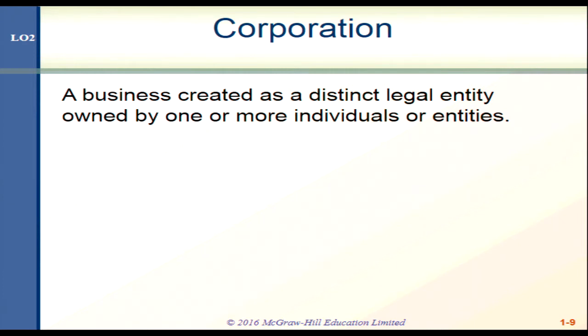So what are we talking about here? As a corporation, we see it as an artificial person or entity. When we say artificial, it first and foremost bears its own name, and usually the name ends with the word Limited, or PLC, which means Public Limited Liability Company, or INC, which is Incorporated.